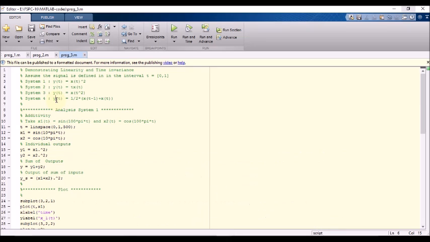Now the last system over here is both linear and time invariant because it is just a moving average with two samples that are taken. It can be easily verified that the additivity and homogeneity property, which composes the linearity property, is satisfied here, as well as the time invariance property is satisfied. So let us come to an end of this demonstration by taking these two interpretations of linearity and time invariance.